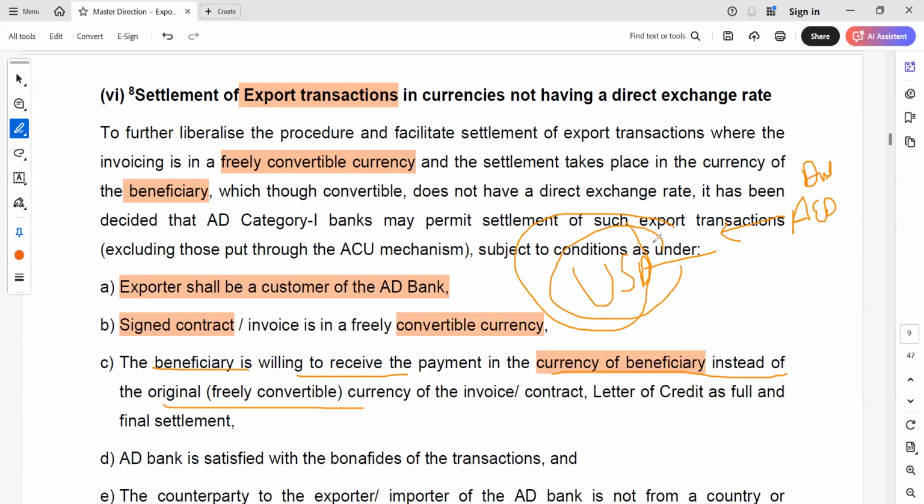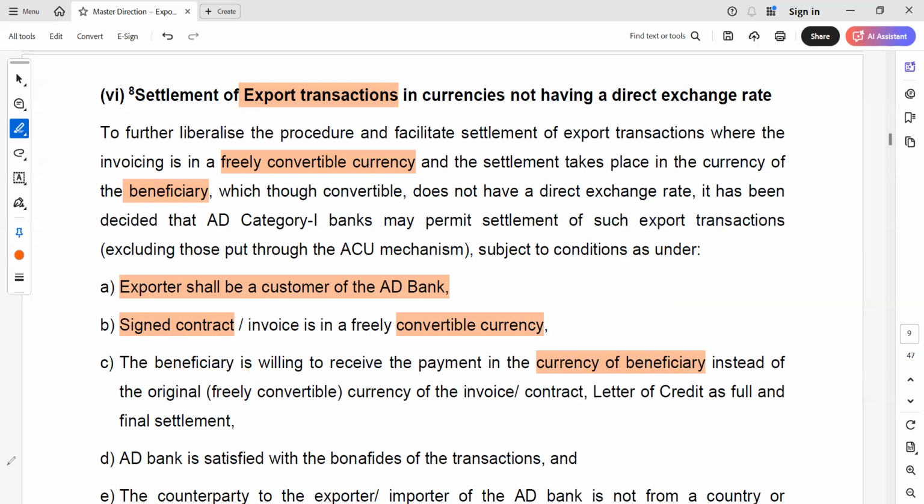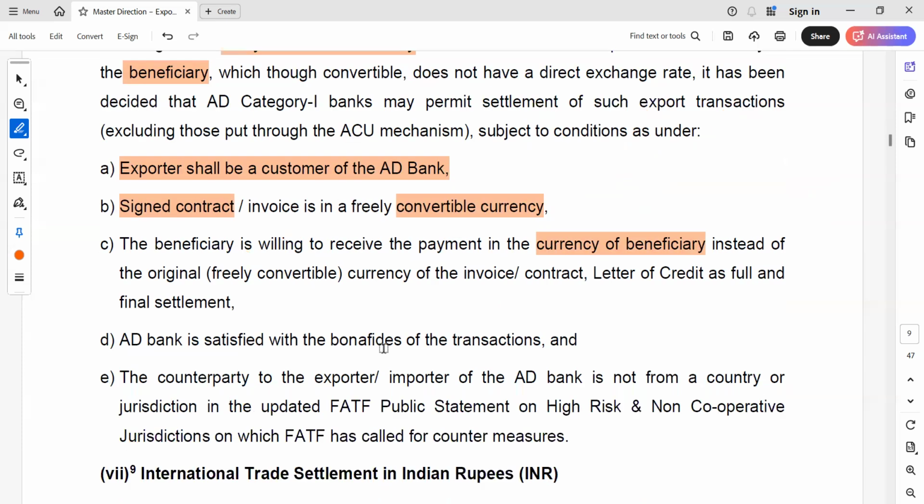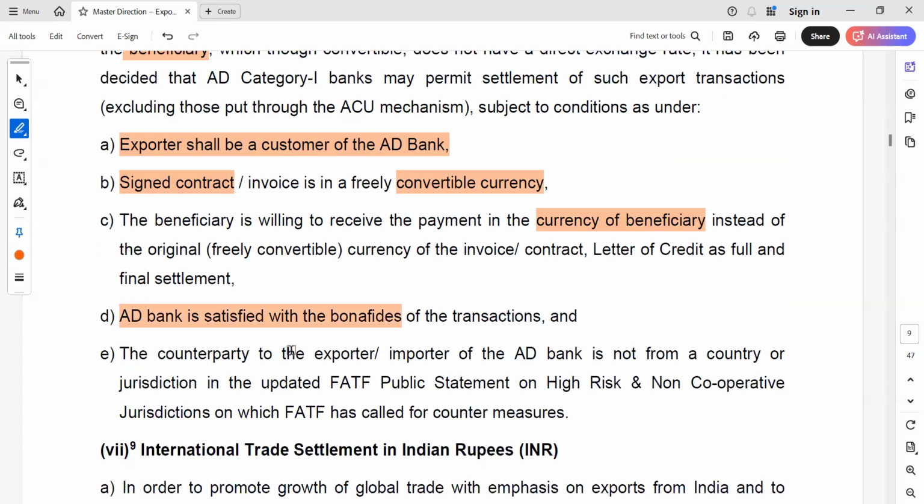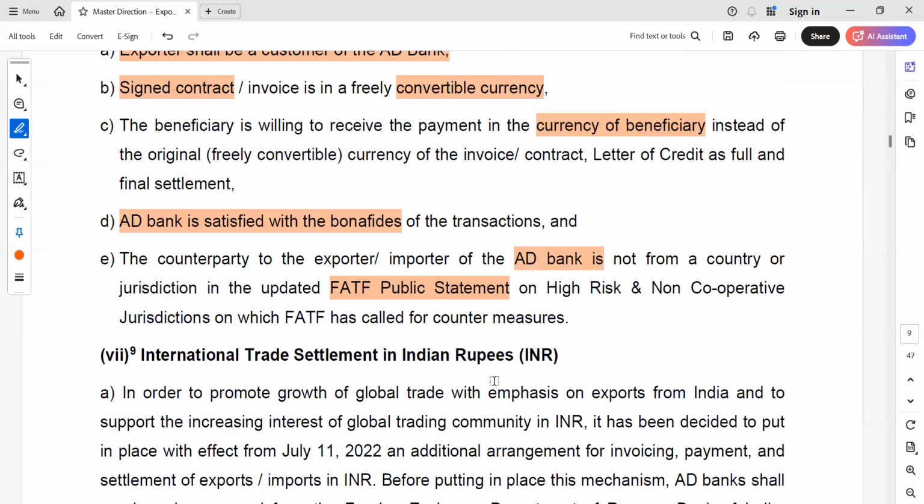He has raised the invoice in USD, but he should be willing to receive. Then it can be received. Okay, and AD Bank should be satisfied with the bona fide. The counterparty to the exporter importer of the AD Bank is not from a country or jurisdiction in the updated FATF public statement. Means it should not be in the restricted country list.